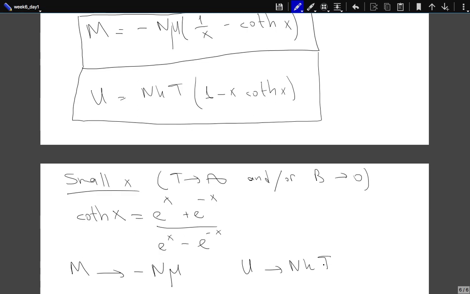Now, if the temperature is high, then the magnetic field should basically have no effect. So all the magnetic dipoles will be randomly oriented, with all orientations equally probable. Then the total magnetization should be 0, because total magnetization is nothing but the sum of the magnetic dipole moments. M should be 0 in that limit.